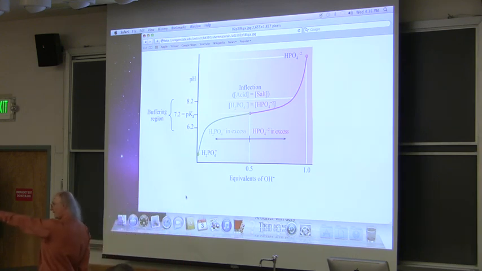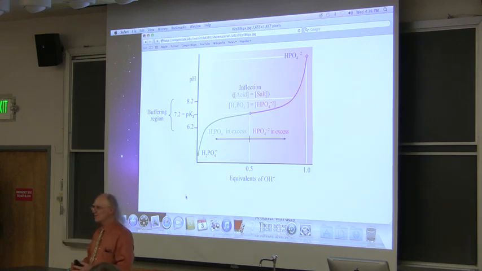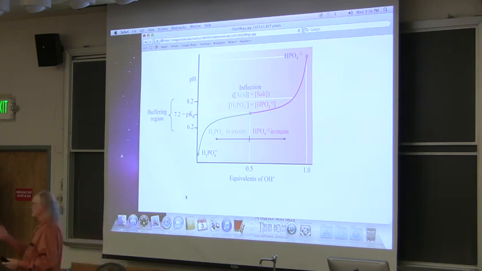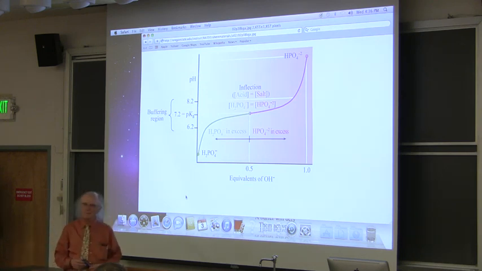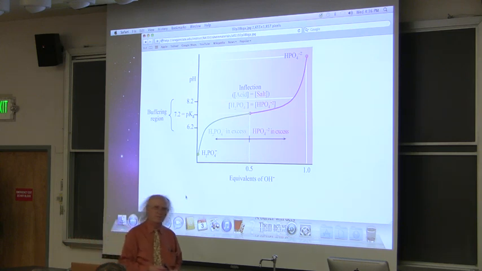It's the molarity of the solution. The concentration of the buffer will determine the capacity. The more concentrated the buffer is, the more ability it's going to have to resist the change in pH, and the less concentrated it is, the less capacity it's going to have. Exactly right. Make sense?